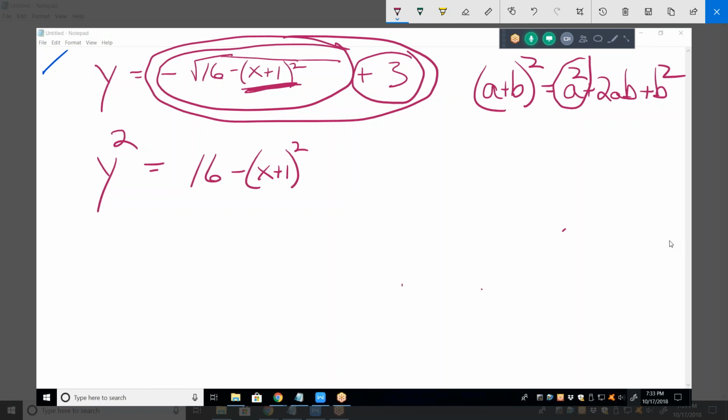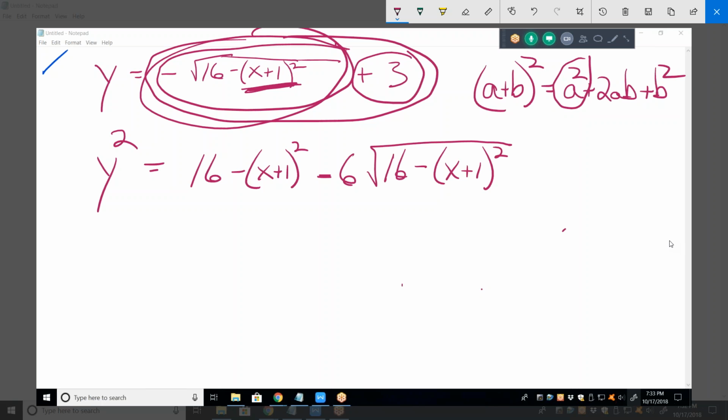Now, 2 times a times b, well, that's going to be 6 times this, and it's minus because of that leading minus sign. Still not sure how this is going to help, but I feel like I'm going in the right direction. And finally, b squared is 9. So I have that.